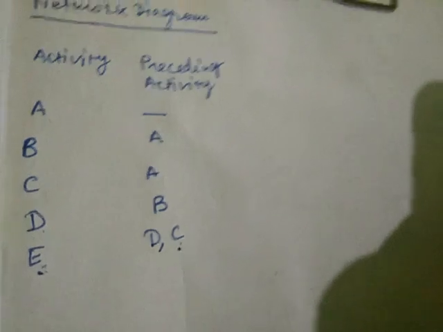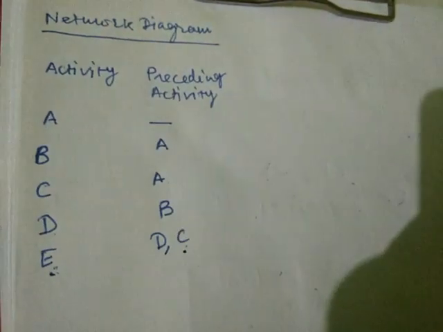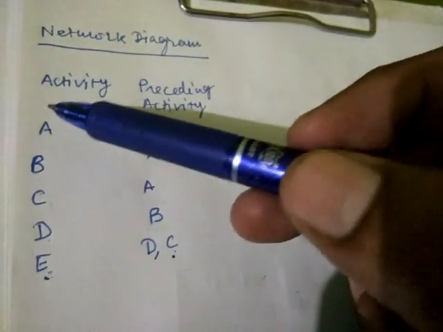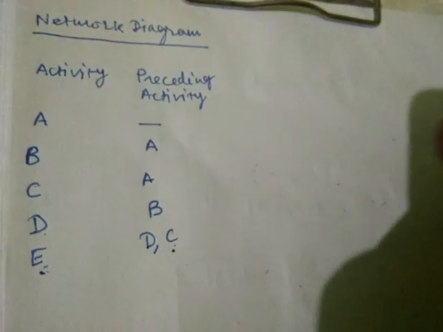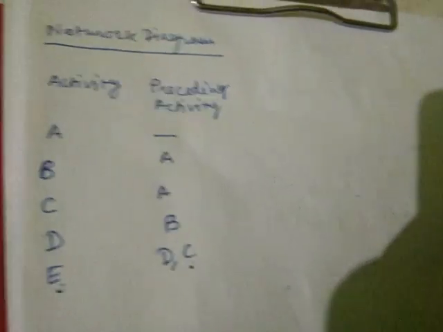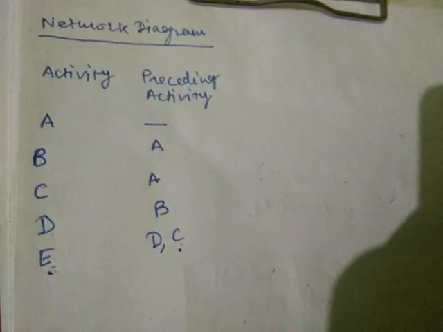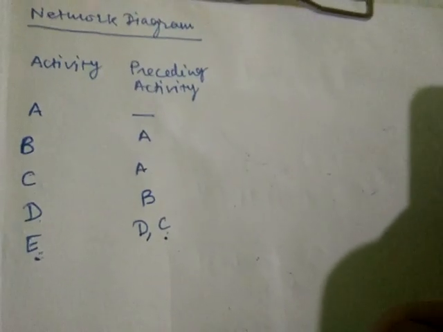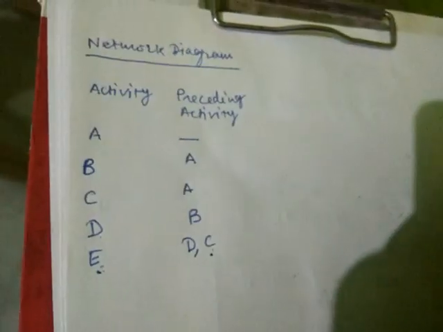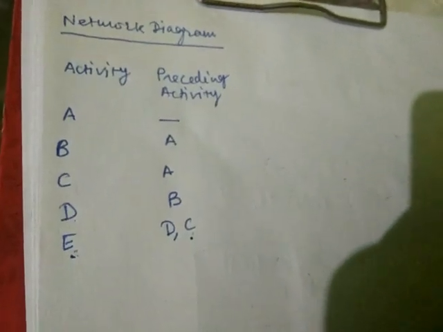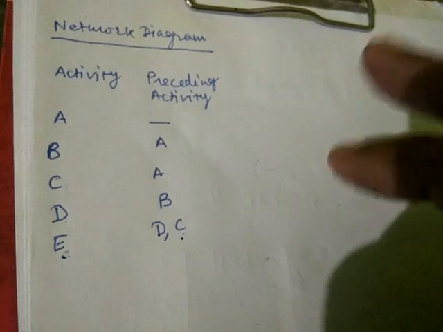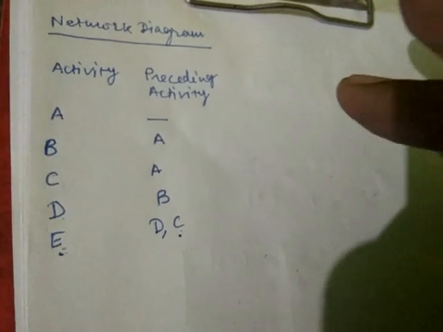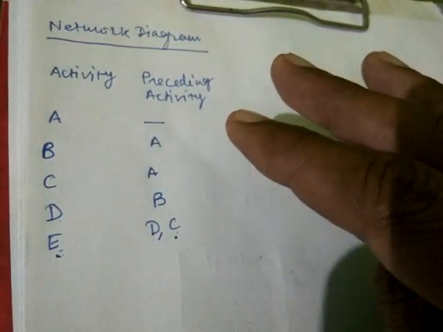So my suggestion is that whatever is being said in the question, just keep on doing that, and make a rough draft, and then try to improve that rough draft to make a good, clear diagram. Now see, I'm making a network diagram. This time I'm not telling you anything except that be prepared to make the network diagram in 2 or 3 drafts.